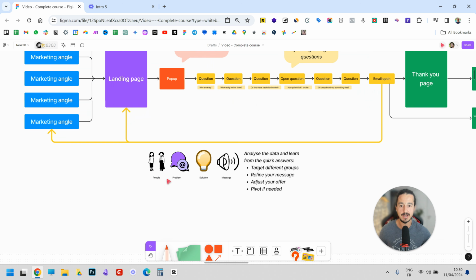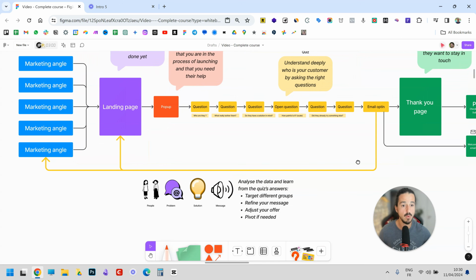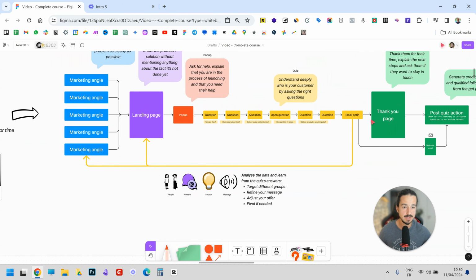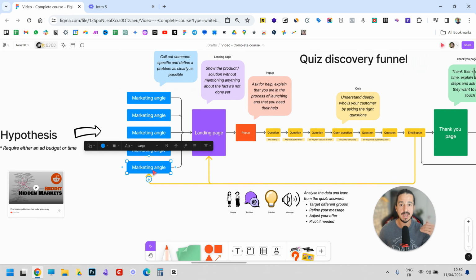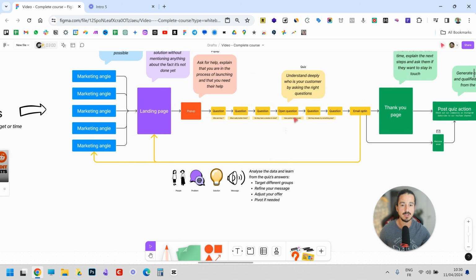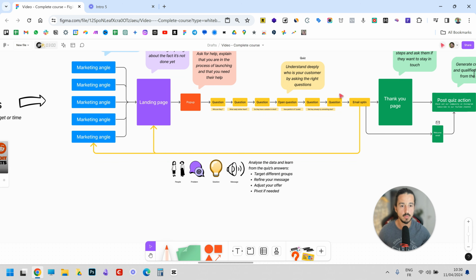As you can see, you can find our people, problem, solution, and message back here. Why? Because the whole concept is to start with the hypothesis that we explain a certain problem that we thought people have, and show them the solution. But once they have answered a few questions, we start understanding better what they really want.